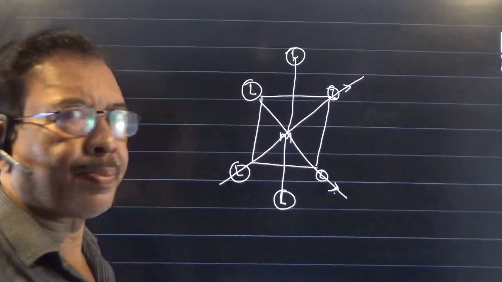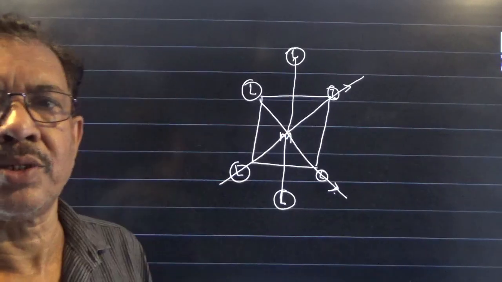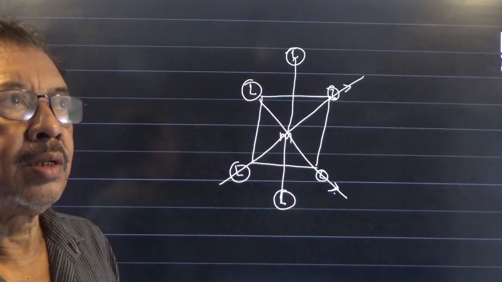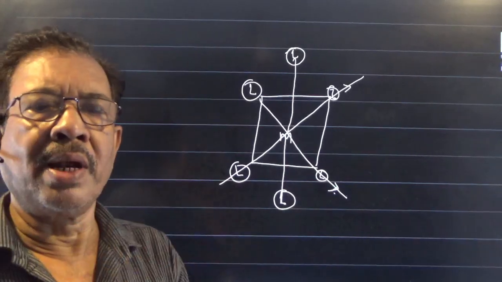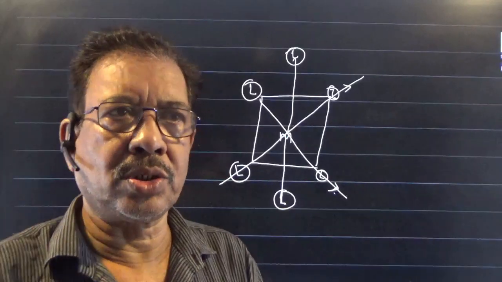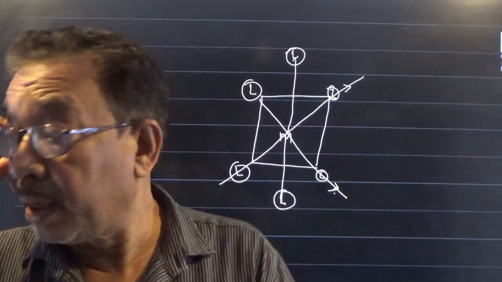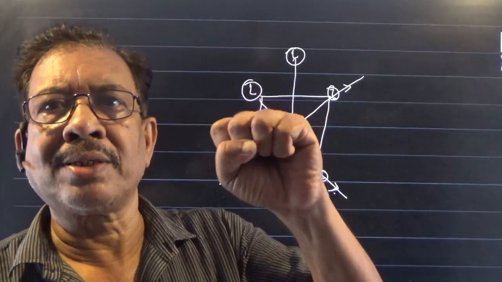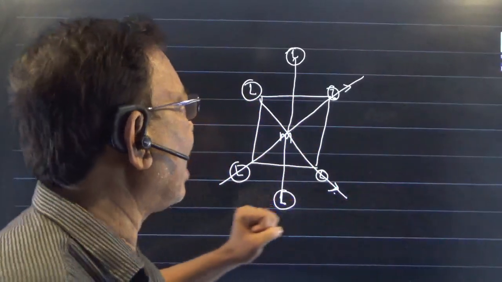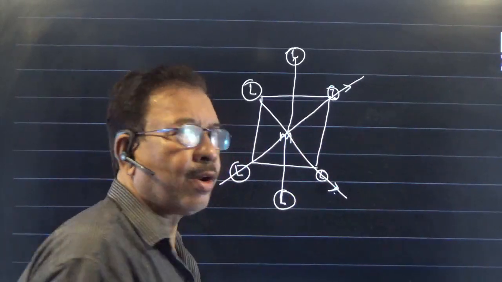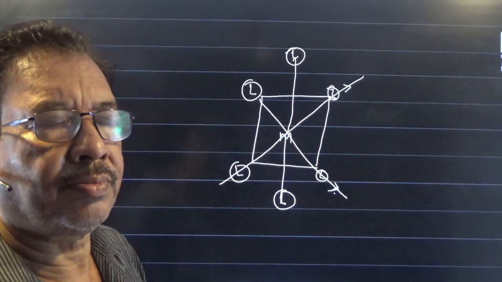When ligands approach in octahedral complexes, some ligands approach on the axis, and other ligands are not approaching on the axis.